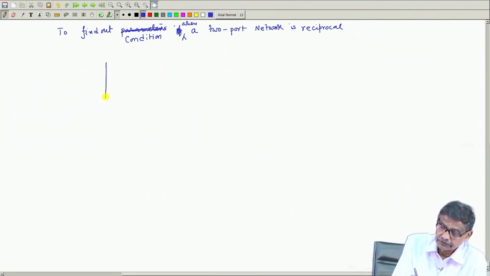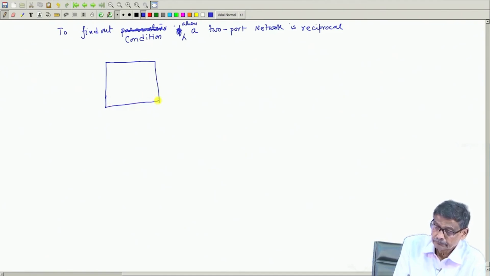Suppose this is a network, this is your V1, and first I draw the raw 2-port network. This is how it is in general.